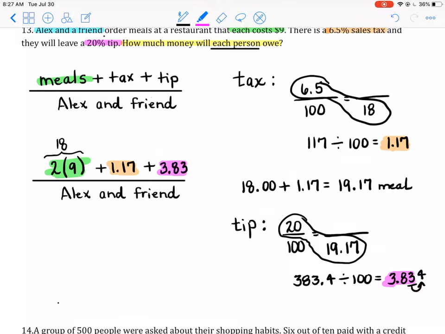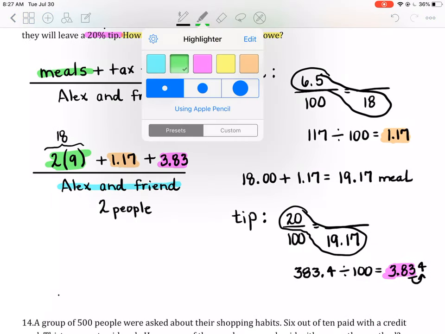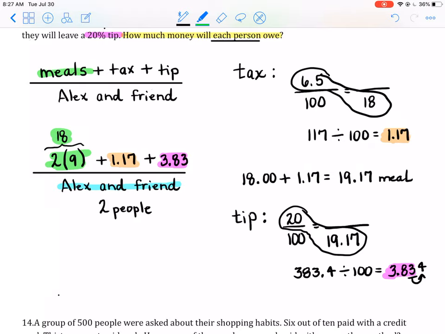Okay, so that's this. And then finally we have to deal with Alex and a friend, and that's 2 people. So I'm going to just say 2 people, and we have the problem, guys, that we need to solve. We need to take the meals plus the tax plus the tip and get that total.